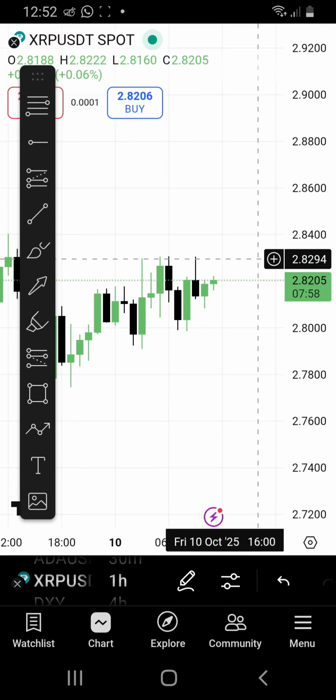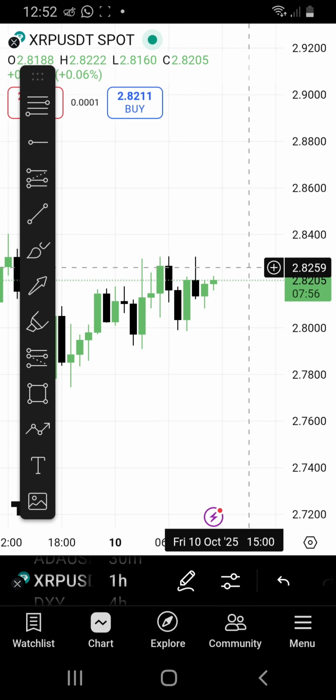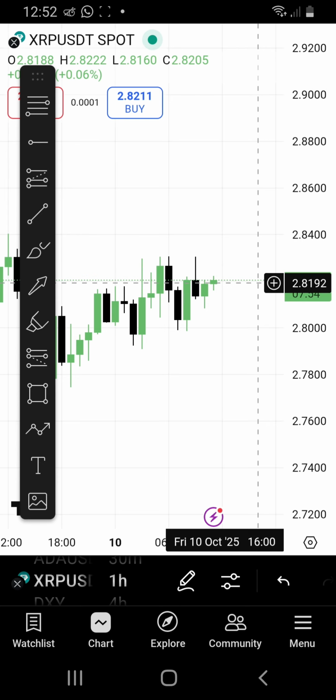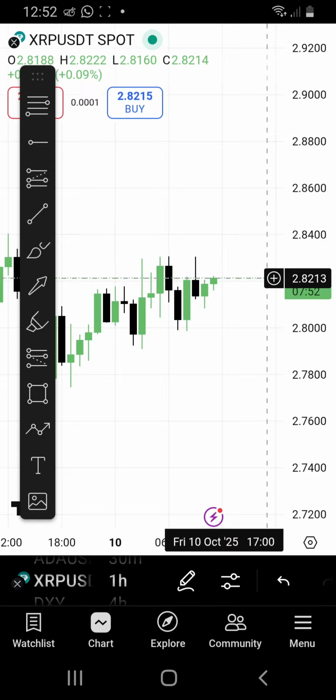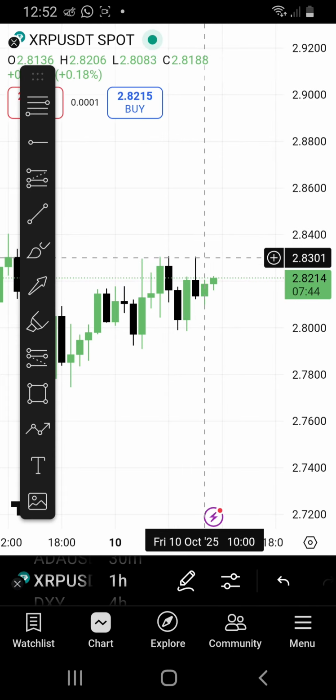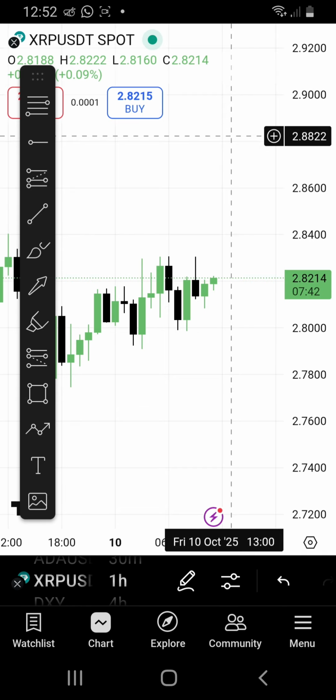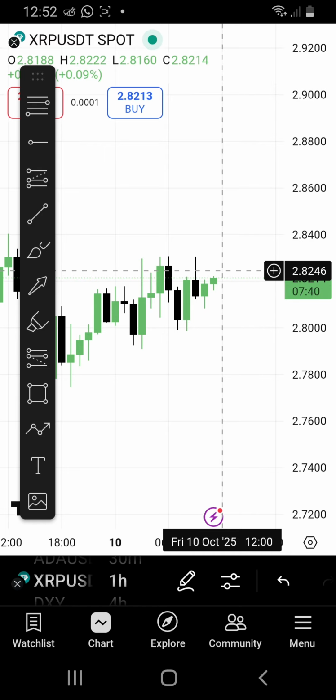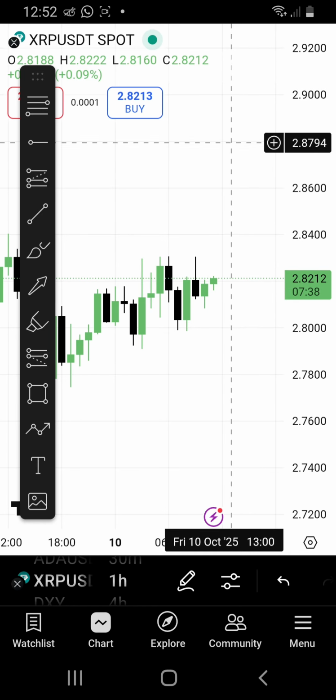You see SRP spot trading. So this is the price of SRP now. SRP is 0.82213. So you are trading the price. If you predict in this technical analysis that SRP will reach here, so after SRP jumps from here to here and reaches here, you make a profit.